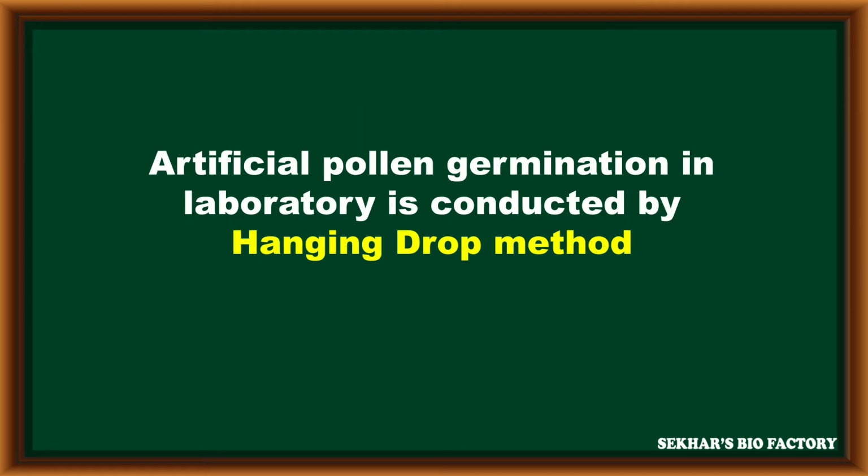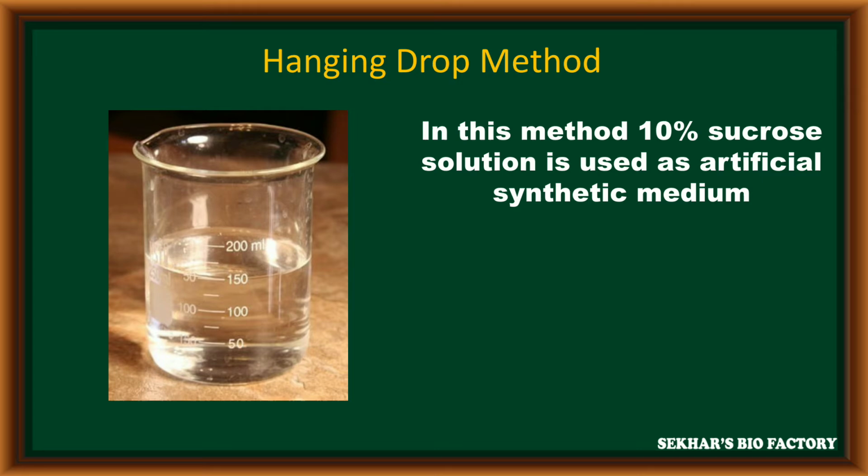The artificial pollen germination process is conducted in the laboratory with the help of a method called the hanging drop method. In this method, a 10% sucrose solution is used as an artificial synthetic medium for pollen germination.